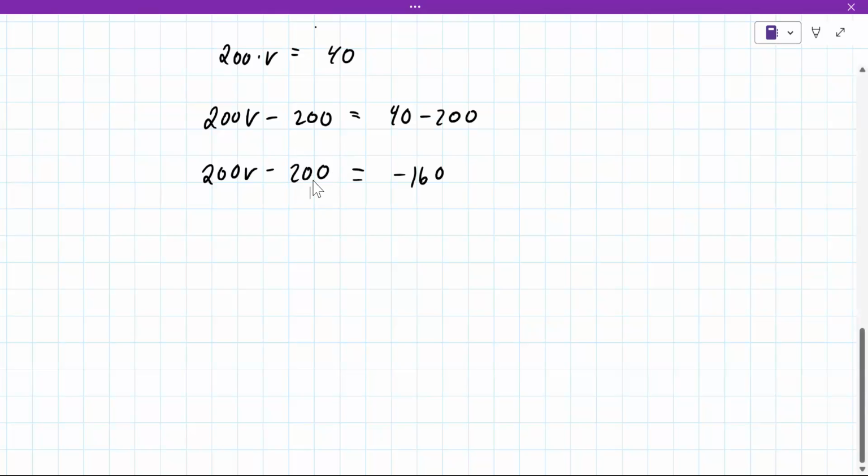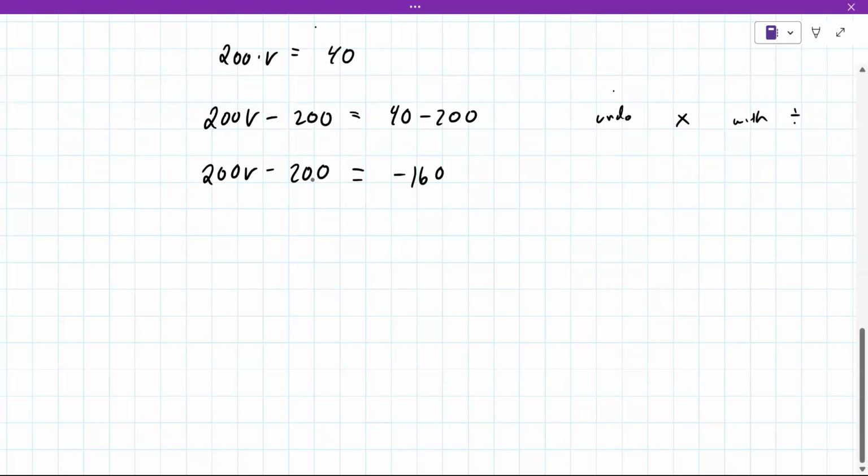You undo subtraction with division. Okay, what would you like to divide by? 200 and 160. I'm not sure. You're going off in some strange directions. We're talking about order of operations. You undo multiplication with division.